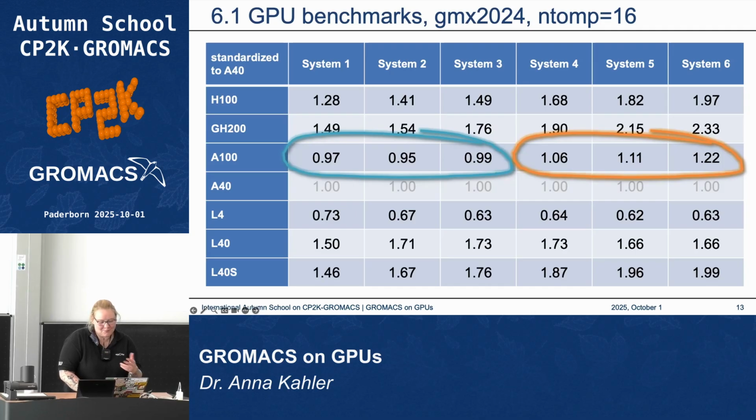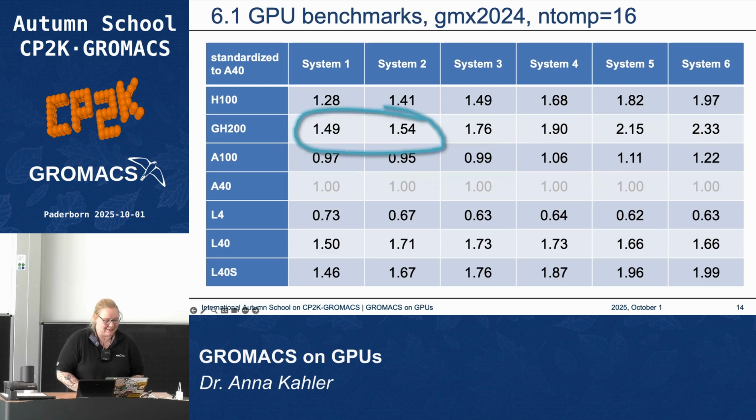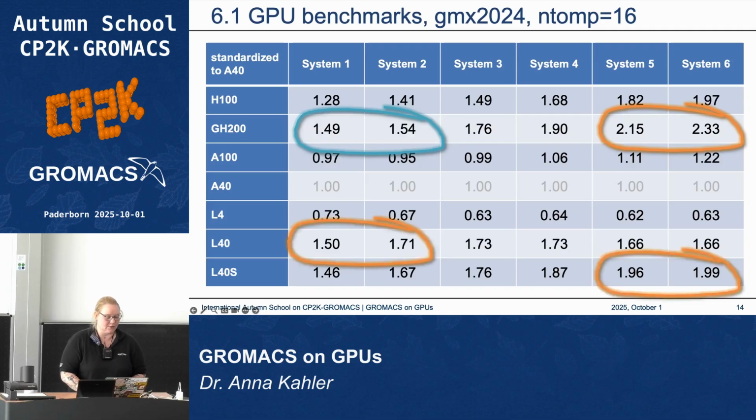So looking a bit deeper into these numbers, we can see that on the Hopper systems, the small systems look as if they give us a better performance compared to the A40. And also the same is true with the big systems. They also show a better performance on the Hopper systems. But if we now look at the lower part of the table, we see that also the L40 and the L40S systems give us a better performance than the A40.